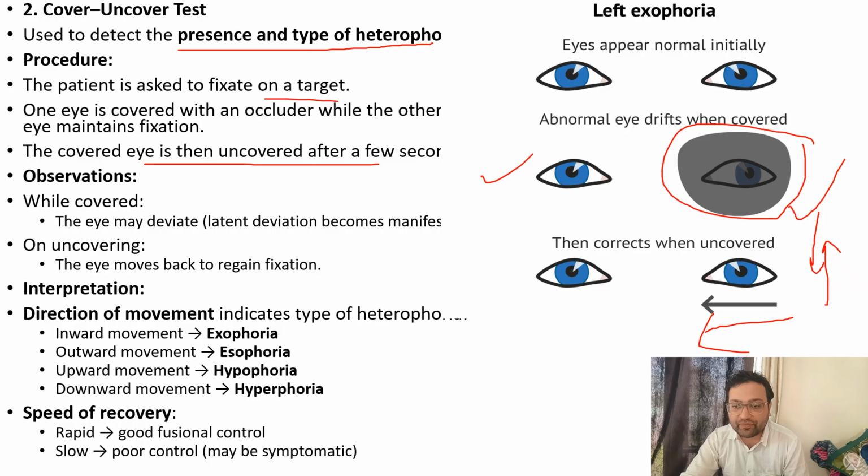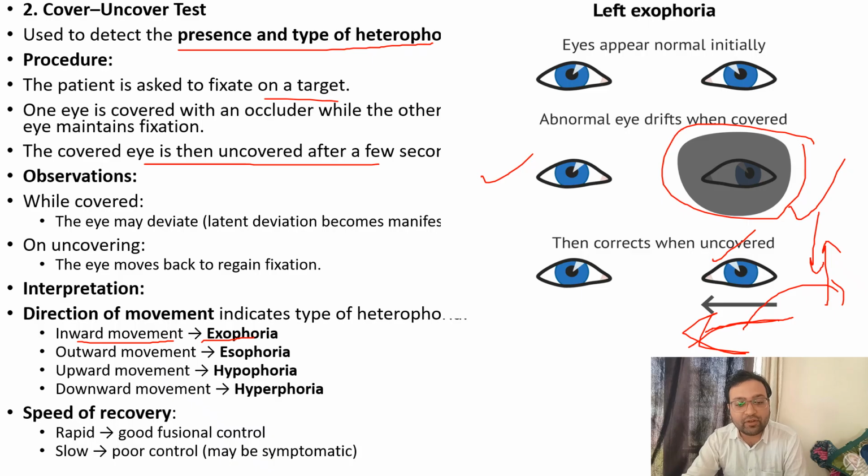If the eye moves inside, the phoria is in the opposite direction. So inward movement of the eye helps us reach the conclusion that this eye is having exophoria.